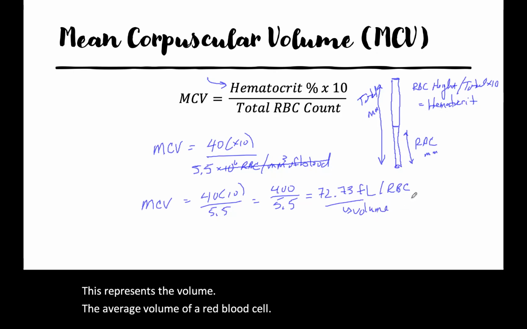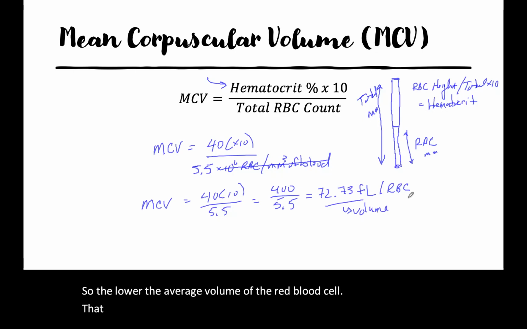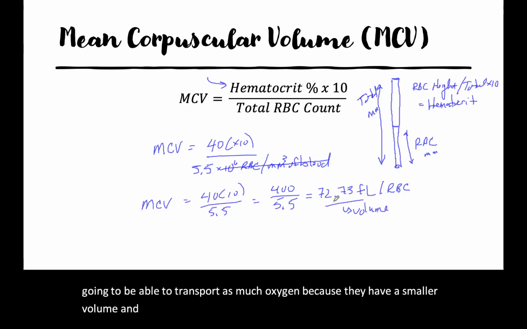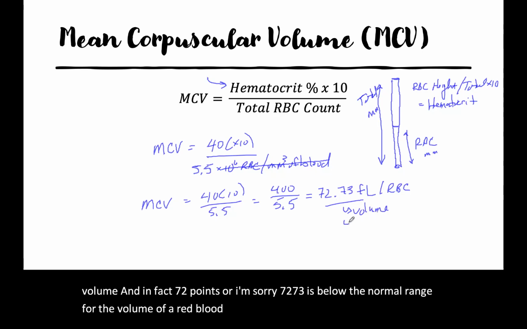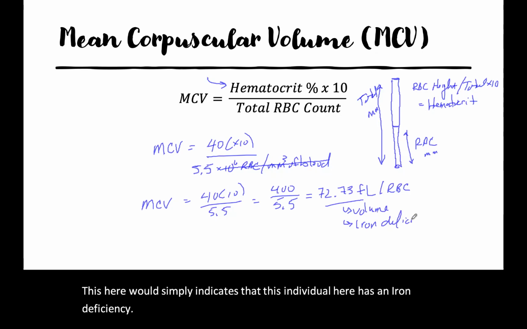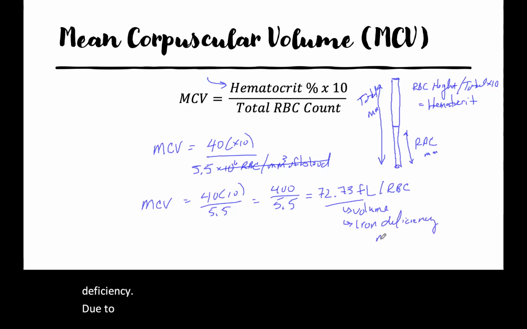The lower the average volume of the red blood cell, that signifies that the red blood cells are smaller, which means they're not going to be able to transport as much oxygen because they have a smaller volume. And in fact, 72.73 is below the normal range for the volume of a red blood cell. This would indicate that this individual has an iron deficiency due to the fact that the red blood cells are microcytic.